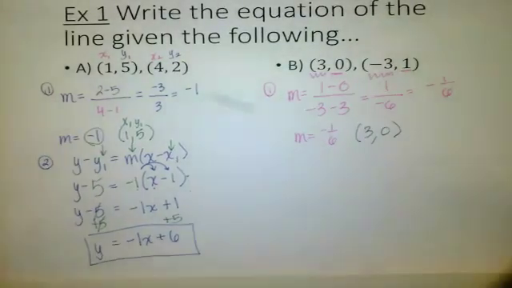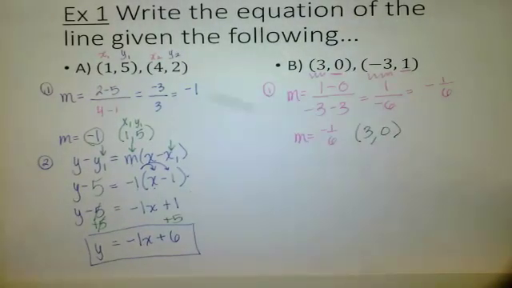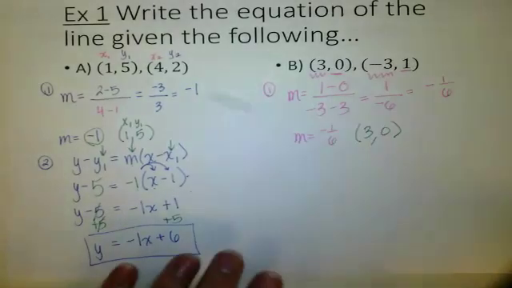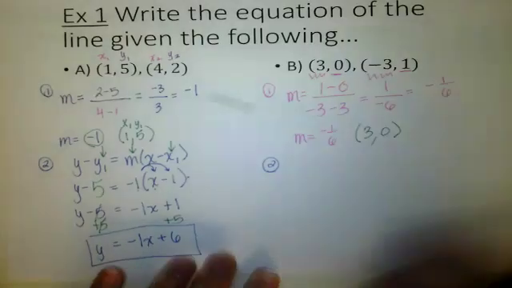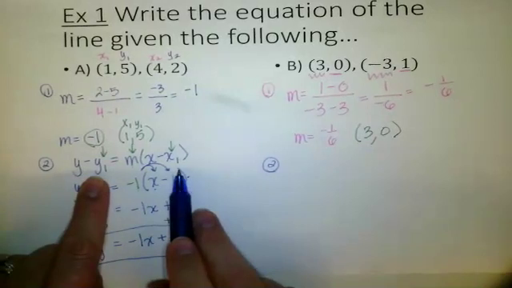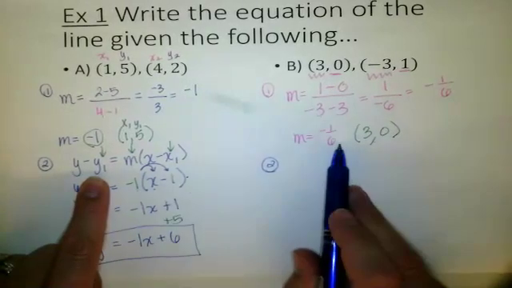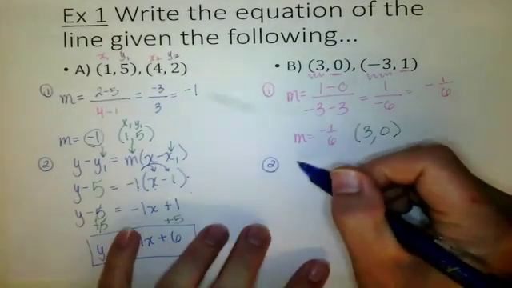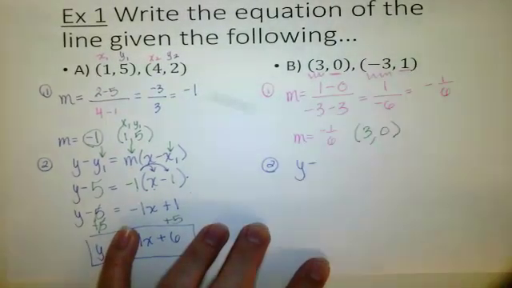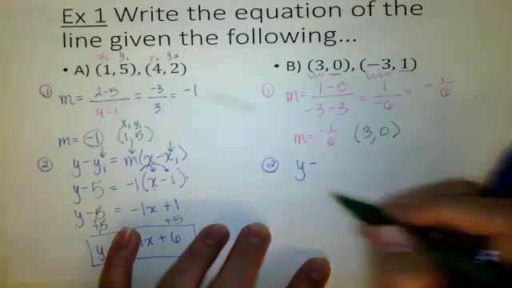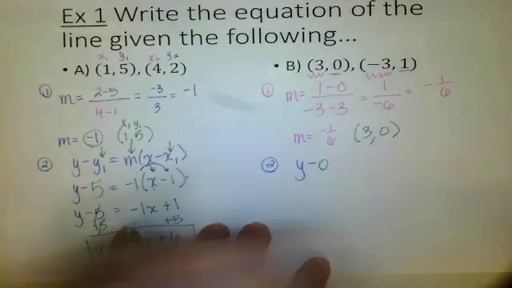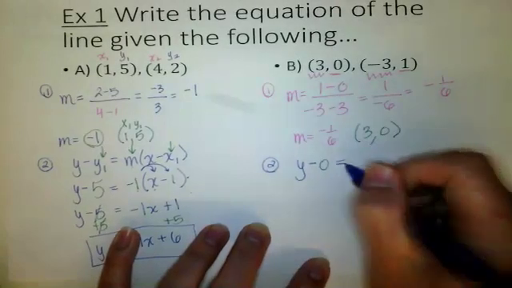Does it matter which point you choose? It's not going to matter. So just pick the point that's going to make life easier. That's what I say. All right, so I'm going to plug into point slope form because I have a point and a slope. So I'm going to have y minus what? 0, yeah. Equals m.